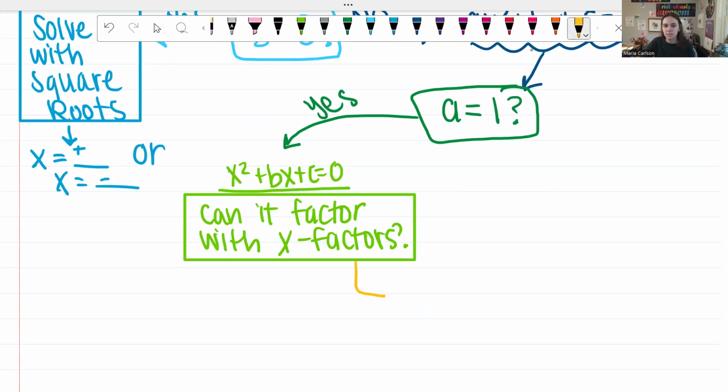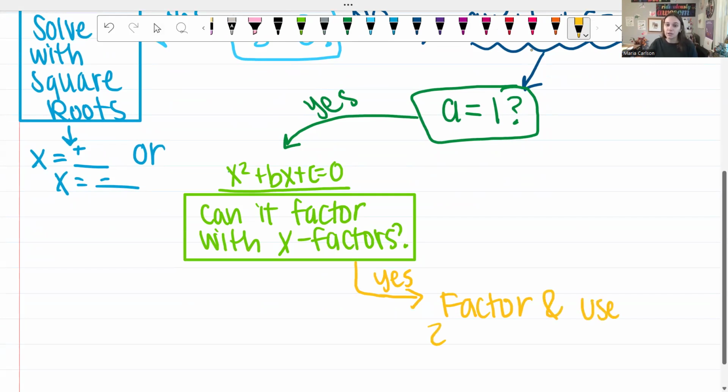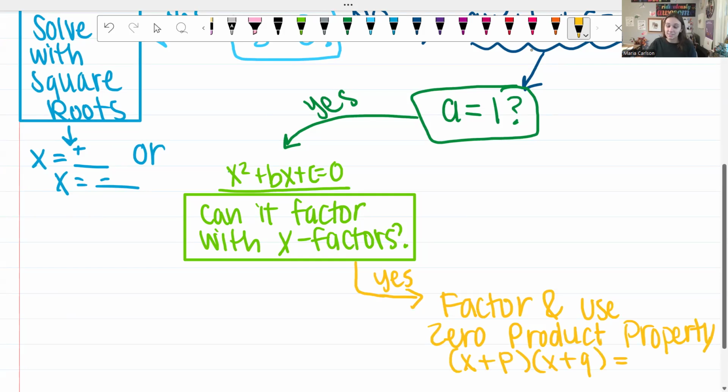I'm being intentional with the space on the other side because we have another case if a is not equal to 1. So if you can factor it with the x factors, wonderful, then you are going to do that. You are going to factor, and you are going to use that zero product property. So I'm going to have some x plus p, some factor, x plus q, some other factor, and that is equal to 0.